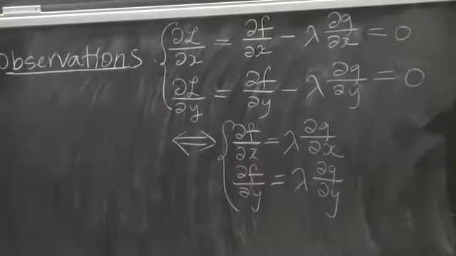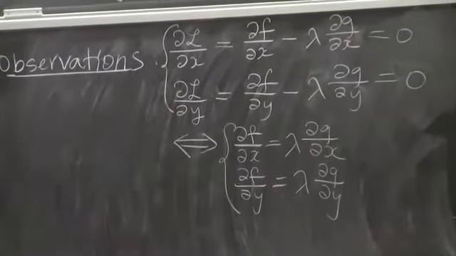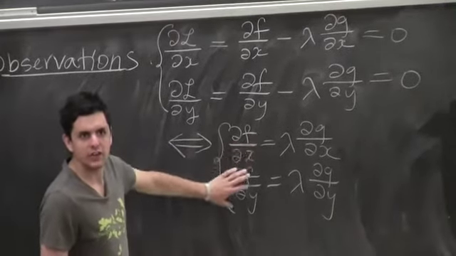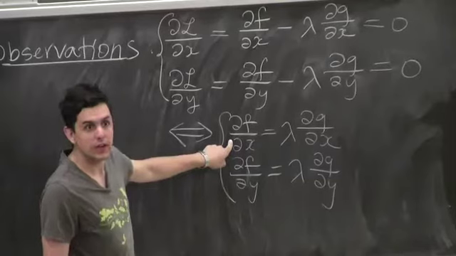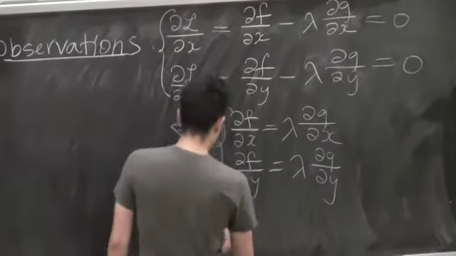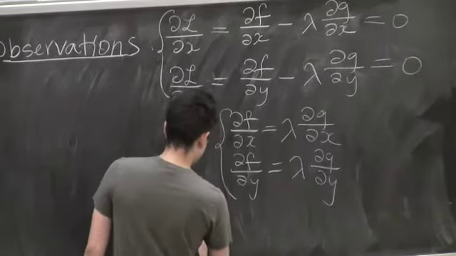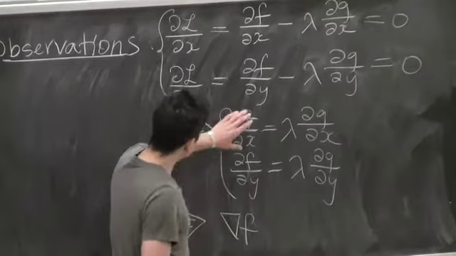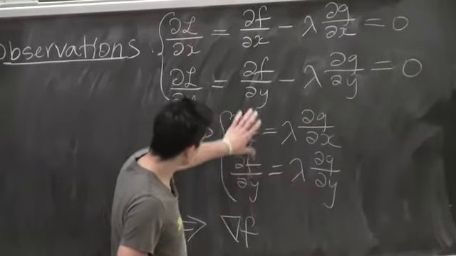We've got this. But these guys are the components of the gradient vector. Right? So this is the x component of the gradient. This is the y component of the gradient. So what we wind up getting is that here's the components of the f gradient.